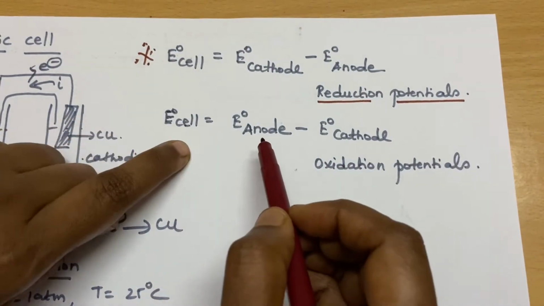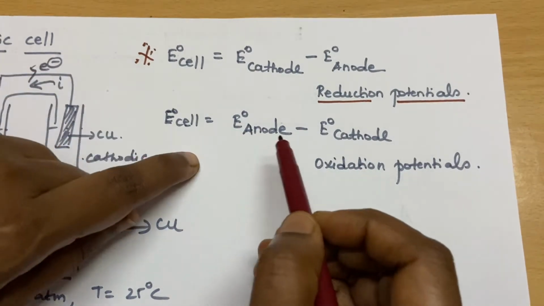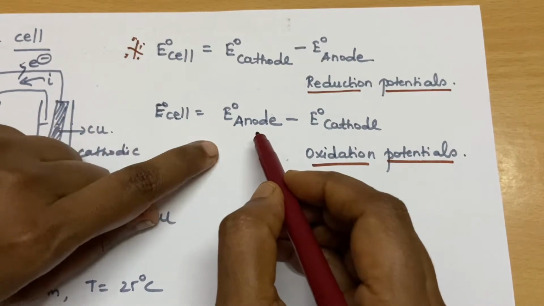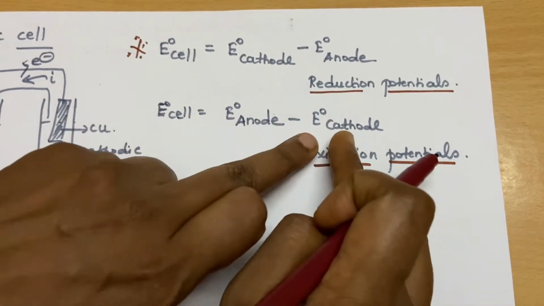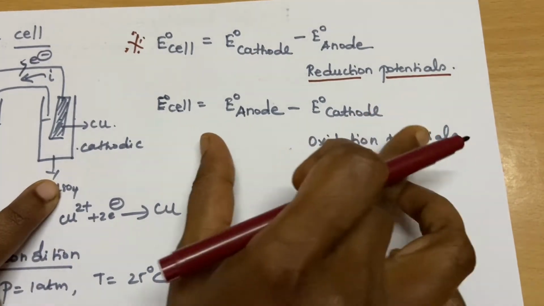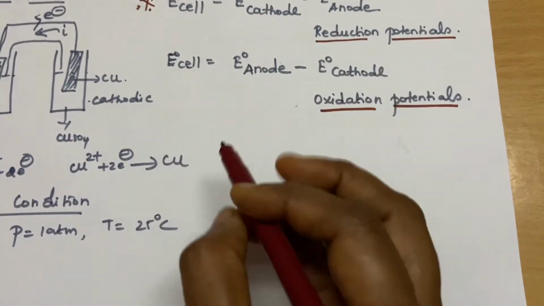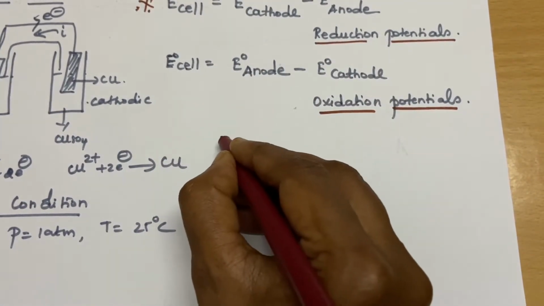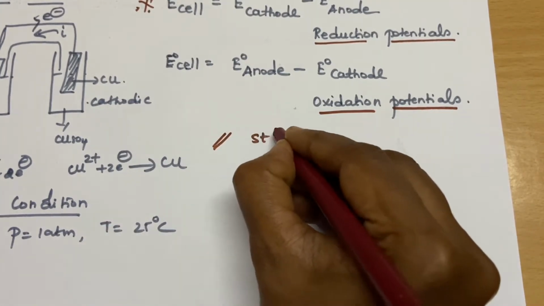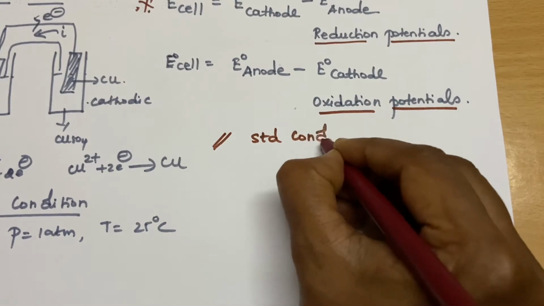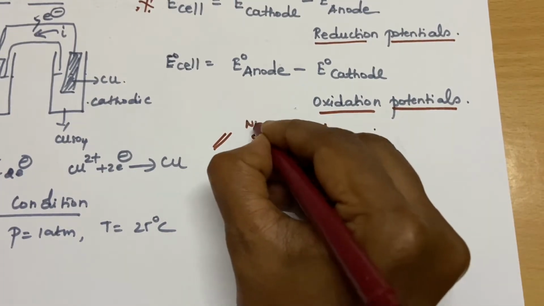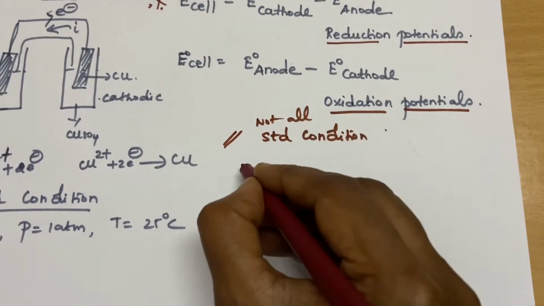So what is the other formula? The total EMF of the cell, if the oxidation potential is given, is the standard electrode potential of the anode minus the standard electrode potential of the cathode. You must know these. Second, if it is not measured at standard condition, what formula are we going to use?